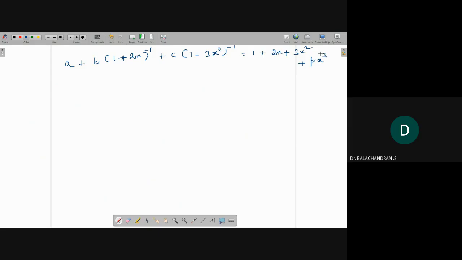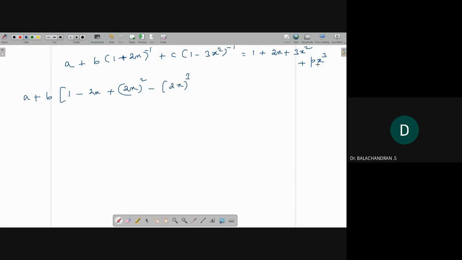So now expand this. (1 plus x) whole power minus 1 is what? A plus b into 1 minus 2x plus 4x square, minus 8x cube, that is minus (2x) whole cube.